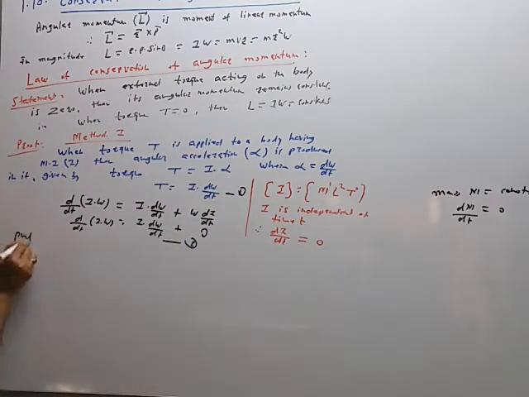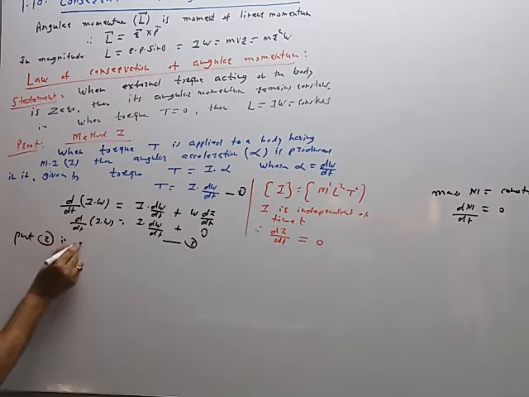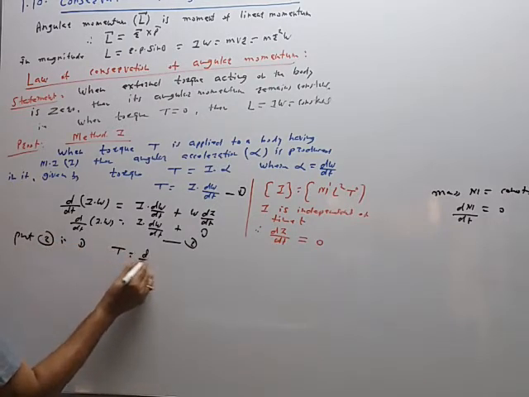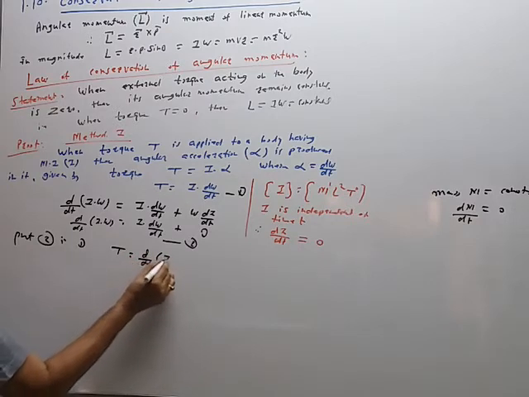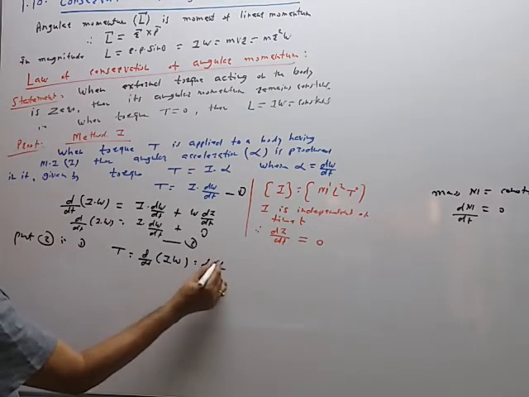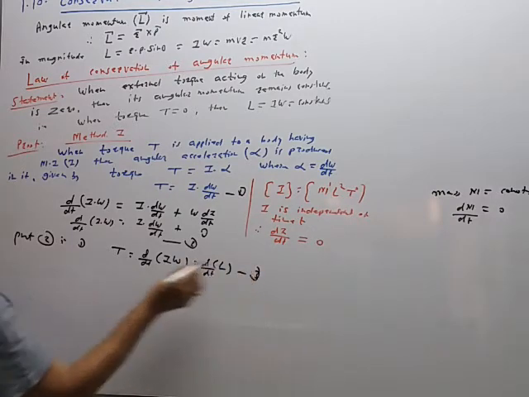Put 2 in 1. Therefore, torque T is equal to d by dt of I into omega, or d by dt of L. So this is equation 3.